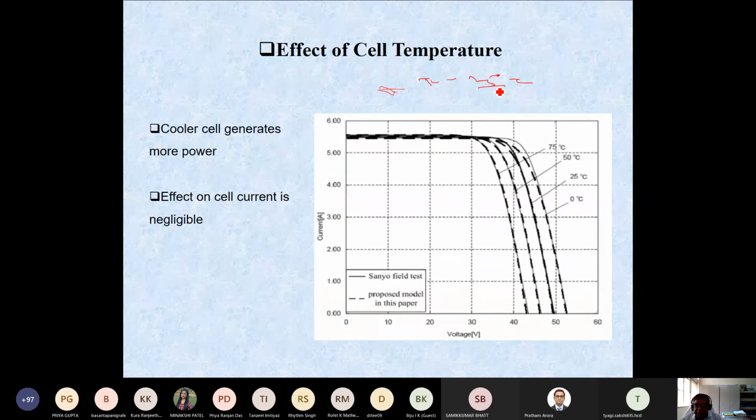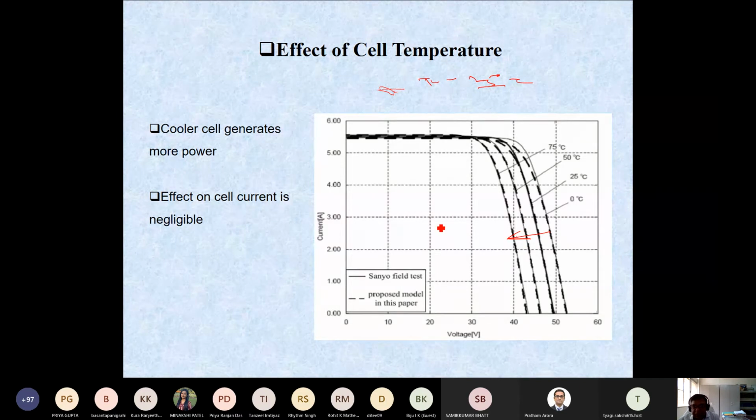That means if the cell temperature increases beyond 25 degrees centigrade, there is a slight increment in the current, but there is a substantial decrement in the voltage. So voltage will drop, and that effect we have to consider in the actual conditions.